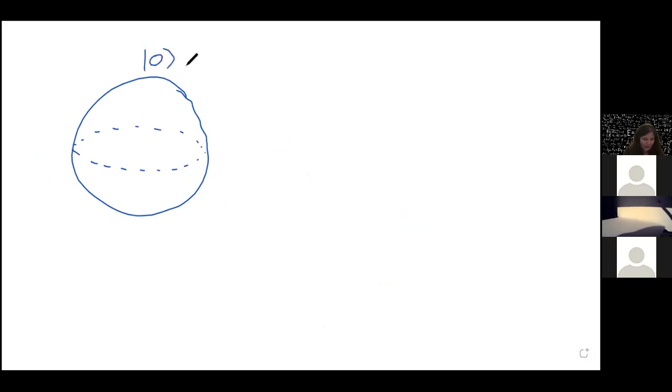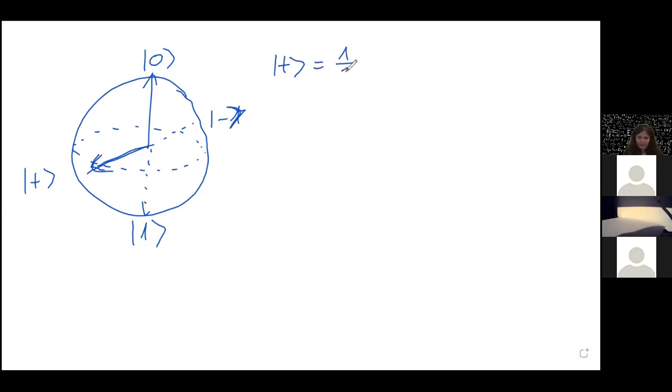When you have Z, you have this direction and this direction, and for X, which is like this, you have the plus and the minus state, where plus is a superposition of 0 and 1 with a plus, and minus is the same with a minus.